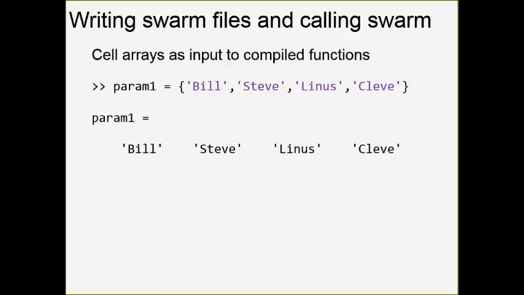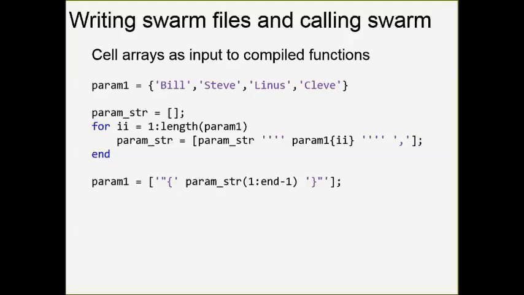Now, to get really, really fancy, just to beat a dead horse a little bit, we could also do other data types. We could do cell arrays if you want to get really fancy. There's no equivalent cell2str as there is mat2str, but you can write the code yourself, and it's not really that complicated. So in this case, I'll be saying param string equals nothing, and then it's similar to what I showed you before, where I'm building up not a command, but actually the parameter string here.